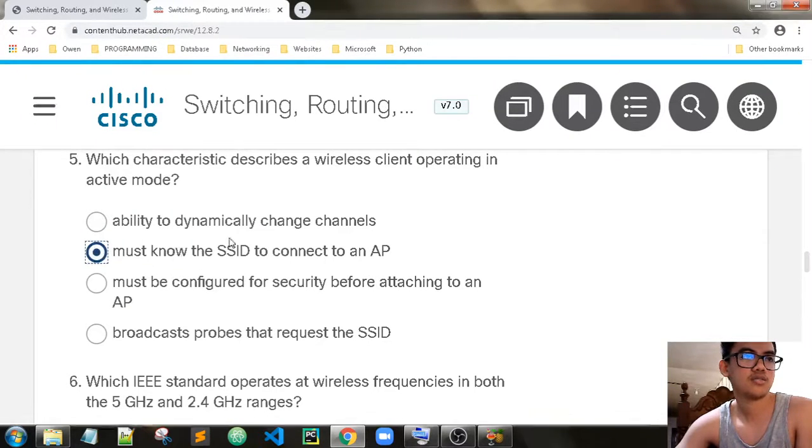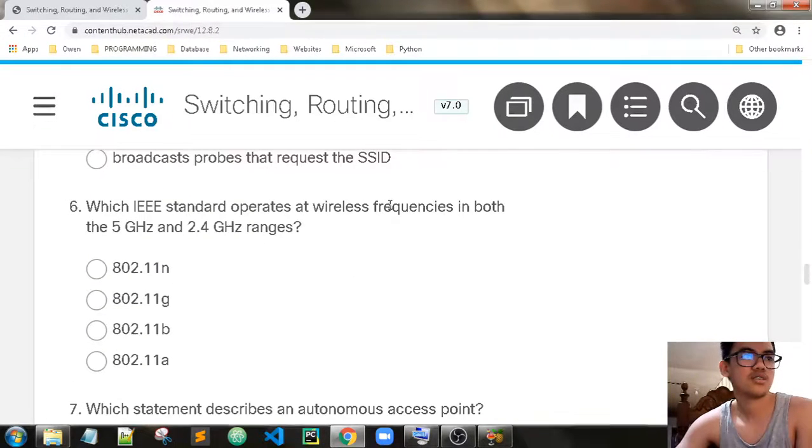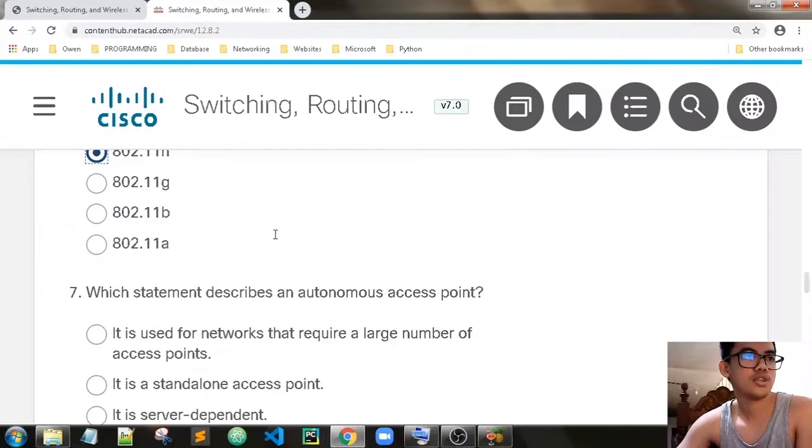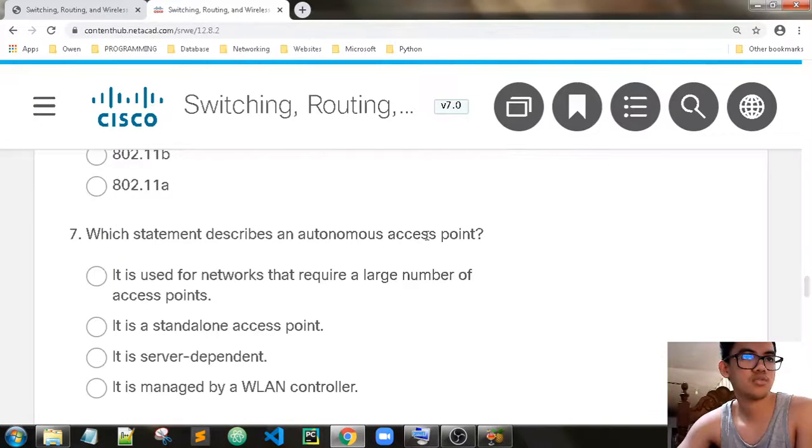Which IEEE standard operates at wireless frequencies in both the 5 GHz and 2.4 GHz ranges? We have 802.11n, both 5 and 2.4 GHz. Which statement describes an autonomous access point? It's a standalone access point.